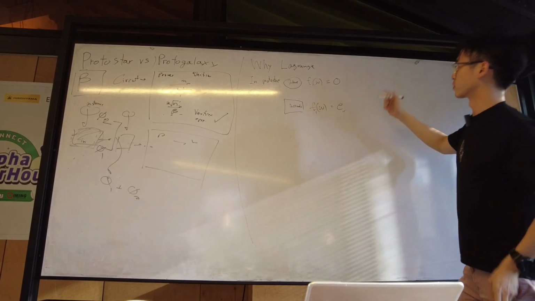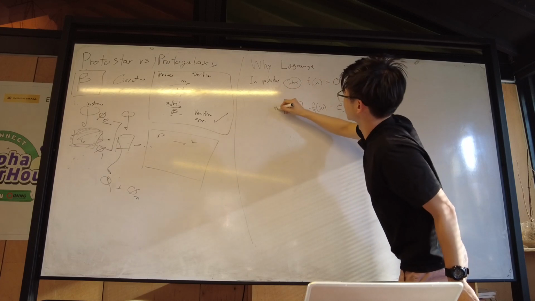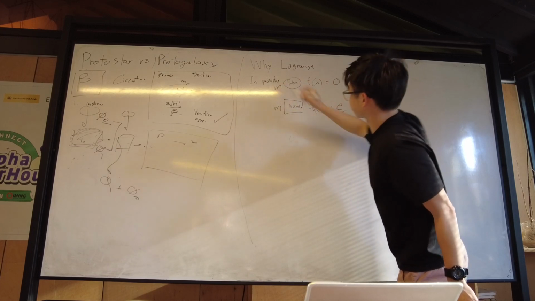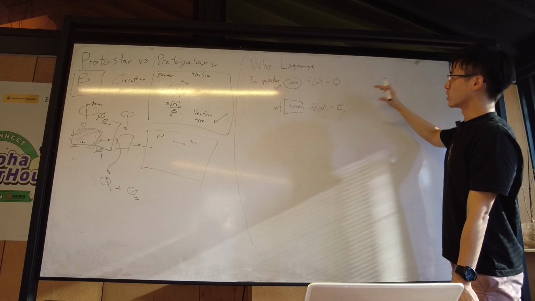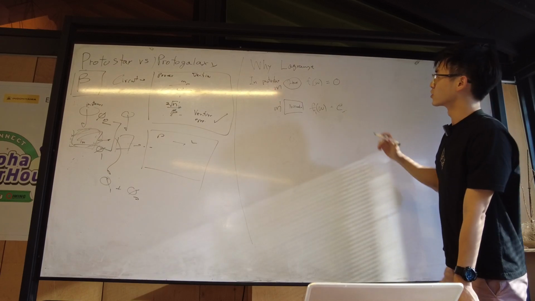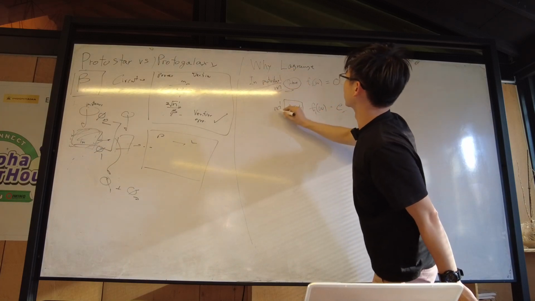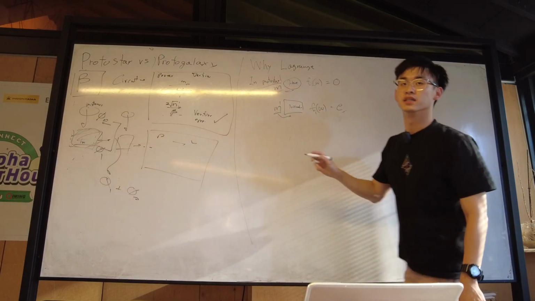And when you want to fold in Protostar, let's say the instance here is M prime and M. Oh sorry, M just represents this instance, the value of the instance.